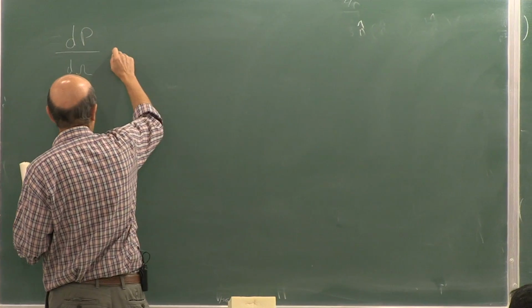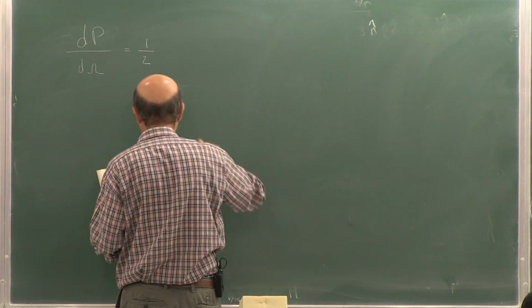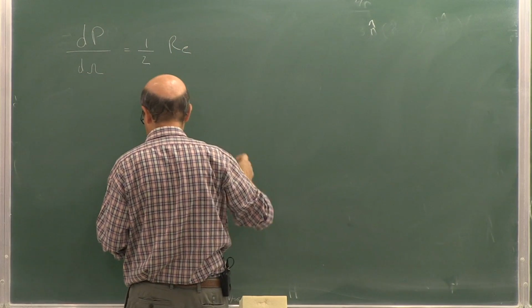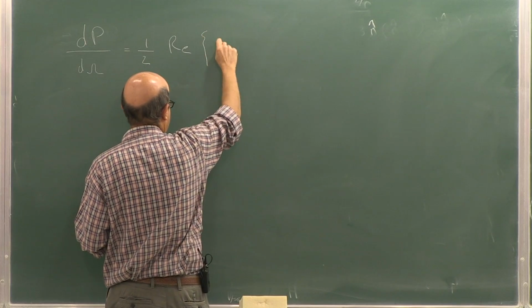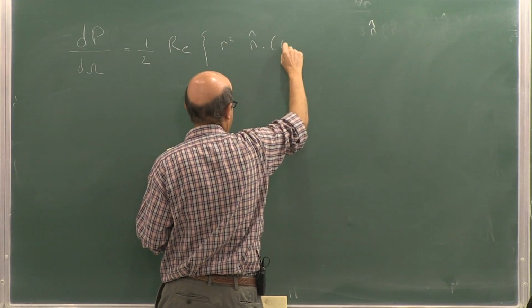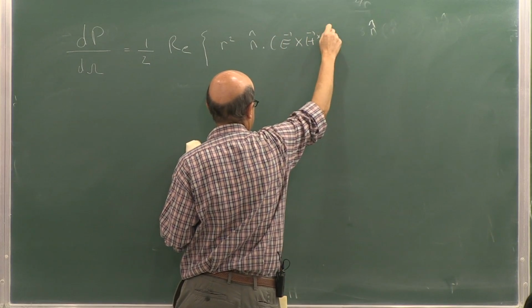Since the fields are oscillating, we have an average 1/2. In general, the result should be real, but in that case, that will be real. R squared times n dot E H complex conjugate.